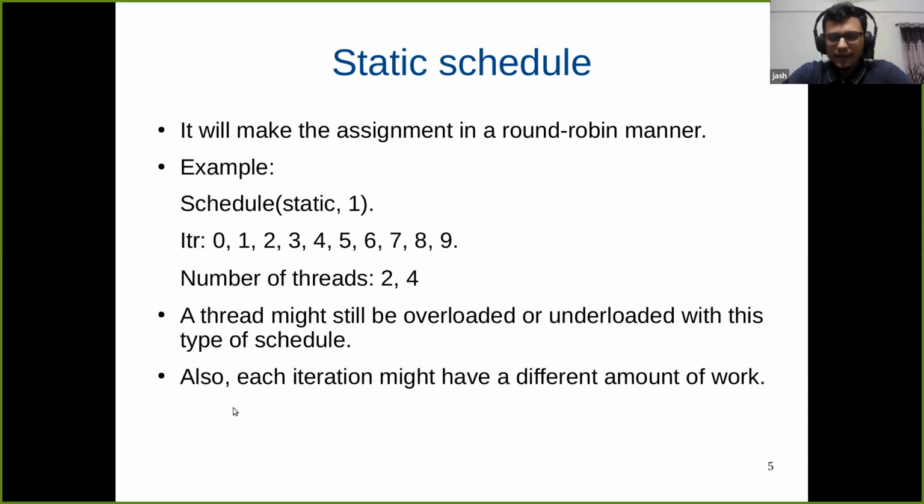And even we saw this, right? Each iteration might have a different amount of work. In that case, again, one particular thread can be overloaded or underloaded. So if we are clear so far, then let us look into this example program.